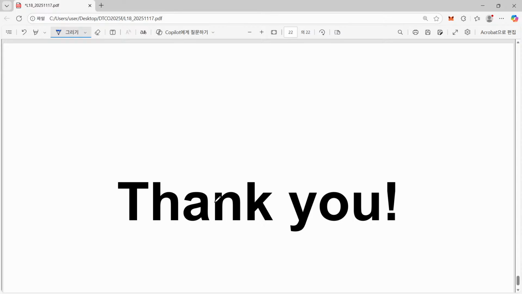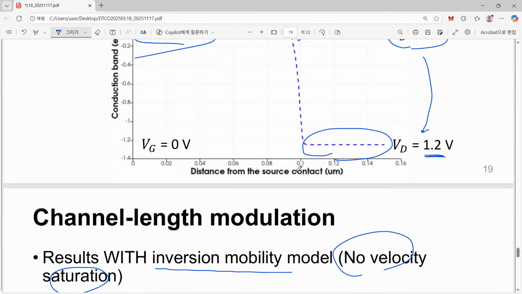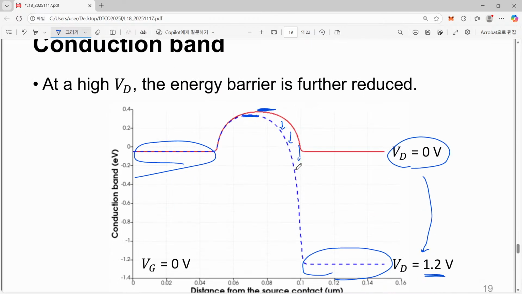And another thing is, once you have the output file, the output file itself does not give you some internal quantities. For example, if you wanted to draw this line, then from your device structure file, you have to collect some important quantities. That's the reason why you have to do an exercise.